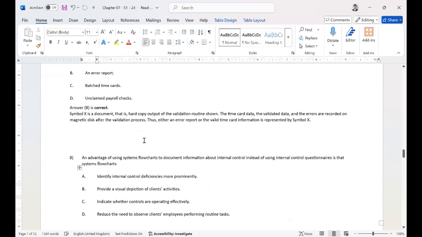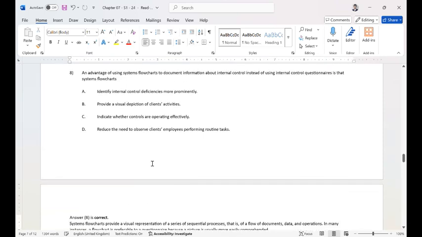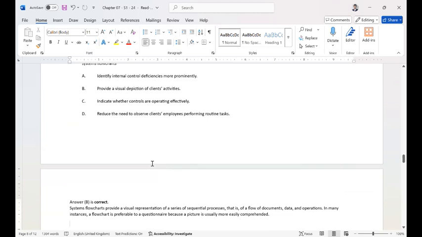What do you think? Yes. A, C and D cannot be done through flow charts.